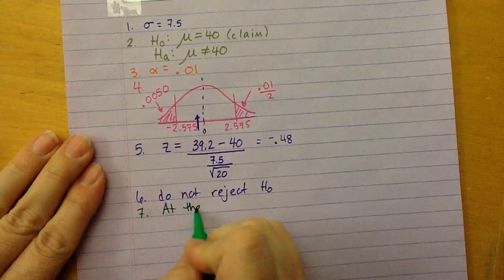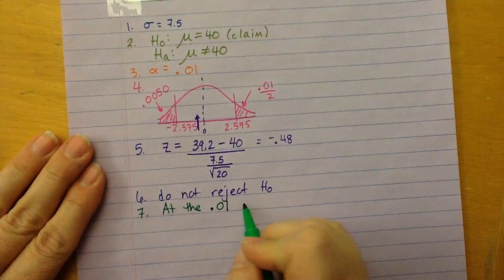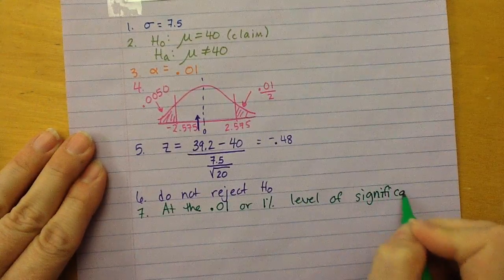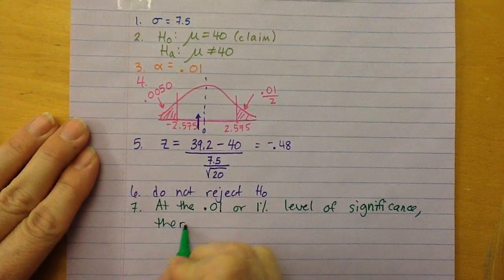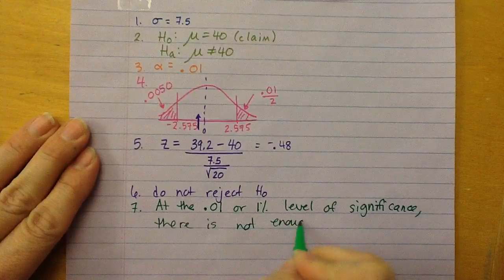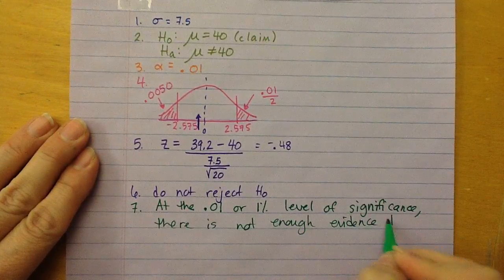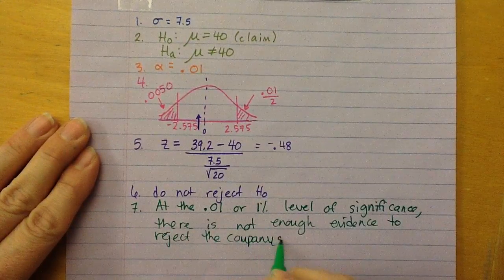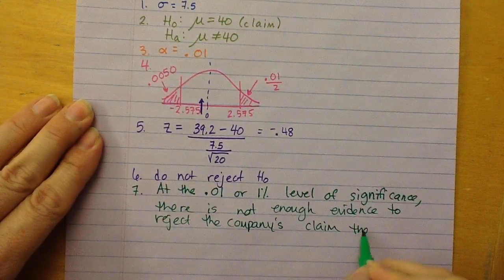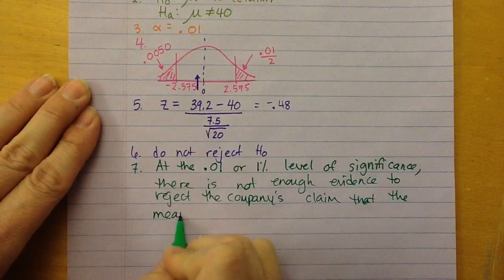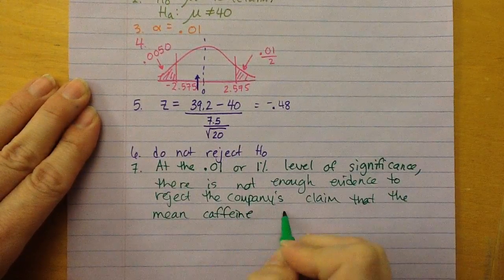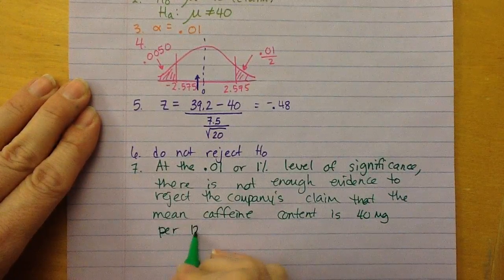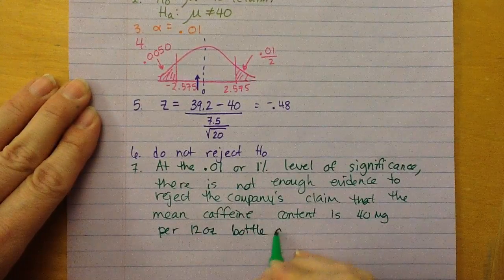So I've got to say at the 0.01 or 1% level of significance, there is not enough evidence to reject the company's claim that the mean caffeine content is 40 milligrams per 12-ounce bottle of cola.